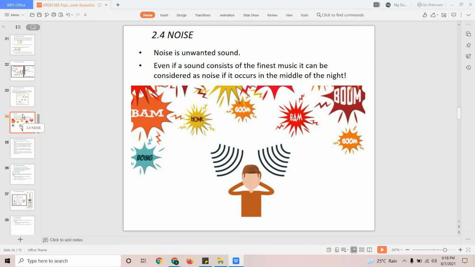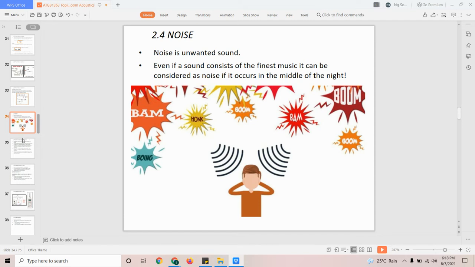Or we can design an area or a room where there is no additional noise. Any sound, even if it is very pleasant to everyone, will become a nuisance if it happens when you want to sleep. Some people will be able to sleep through it, but some will not. To make sure there is no sound, that is why you want to study this subject.